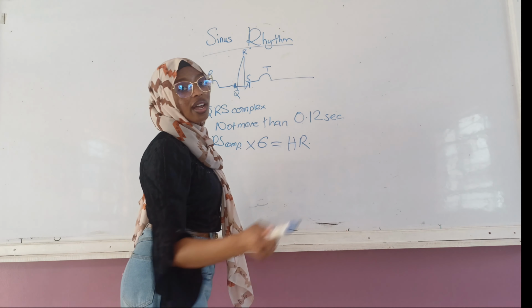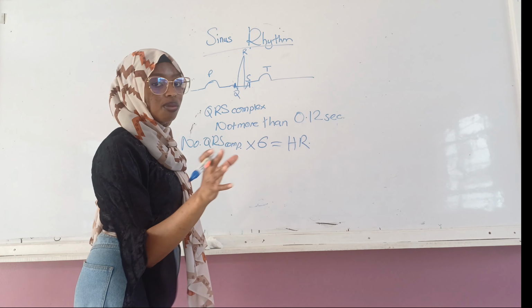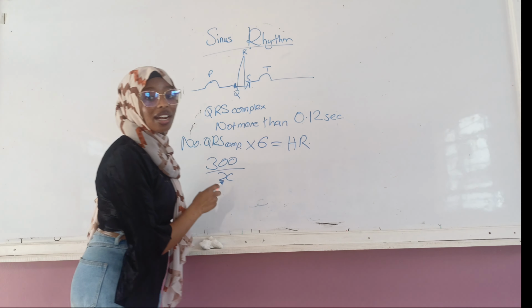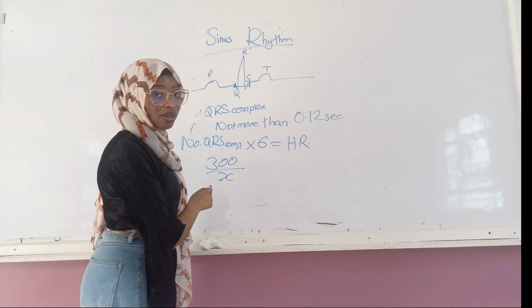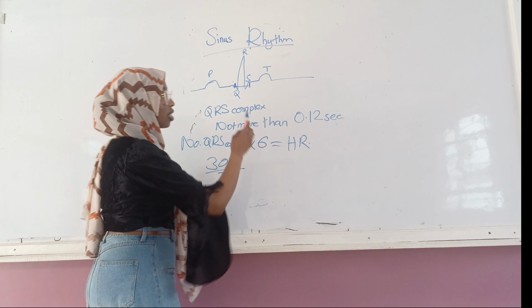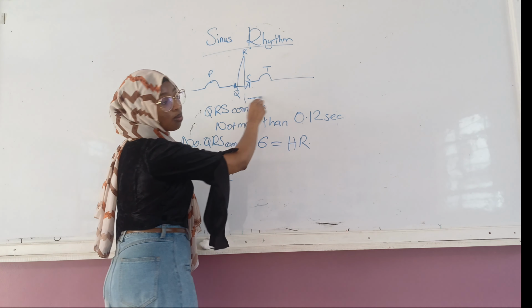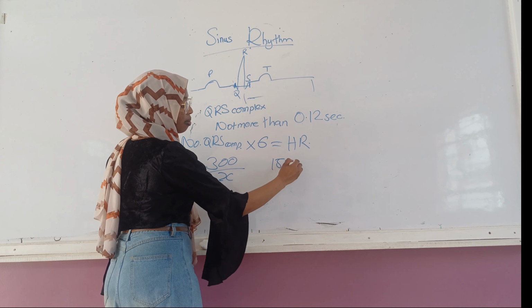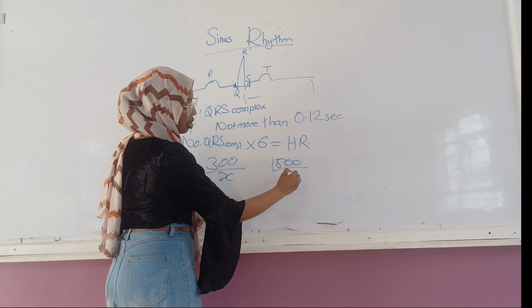Identify the next QRS complex, and in between those complexes, count the number of big boxes. You divide 300 by that number of big boxes. If you can't do that, then count the small boxes between one QRS complex and the next, and divide 1500 by that number of small boxes.